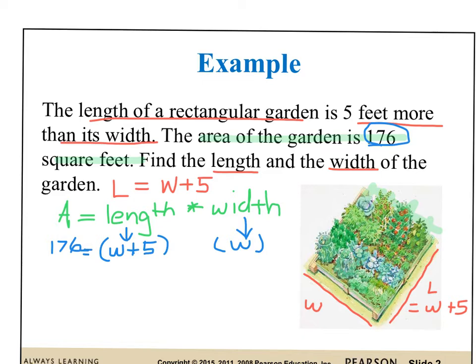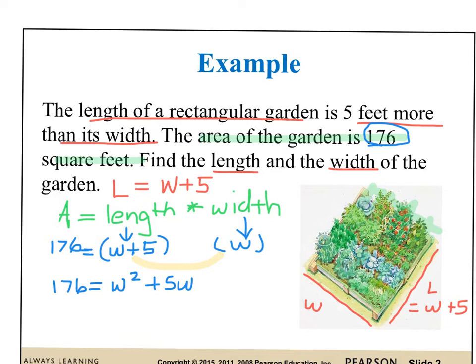And now that we know that, we can multiply out the product of these two, and get that W times W is W squared, and W times 5 is plus 5W, and that is equal to 176.